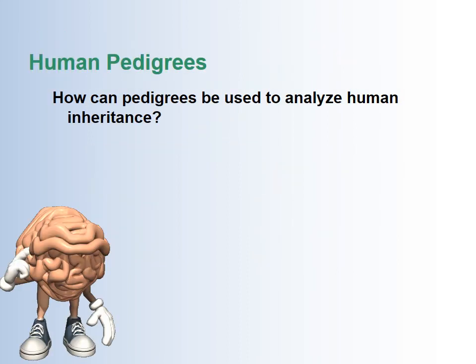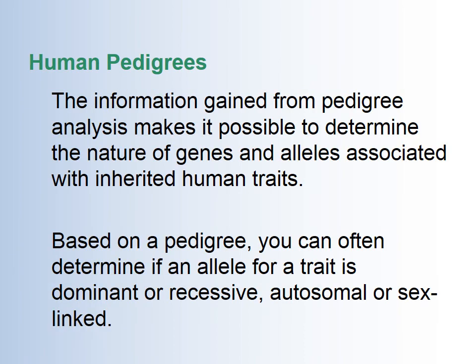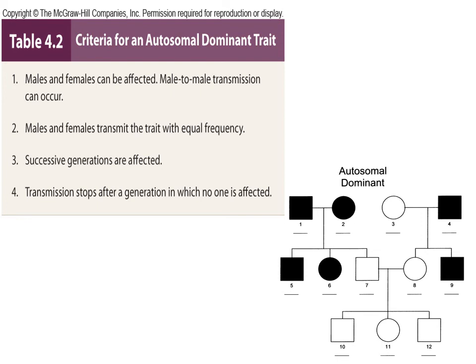Now you should be able to look at a human pedigree and determine whether or not it's a dominant or recessive trait, an autosomal, or a sex-linked trait. So how would you do that? Well, first of all, if it's an autosomal dominant trait, not sex-linked, just dominant, one of the things is that males and females will have it, and probably with about the same frequency.